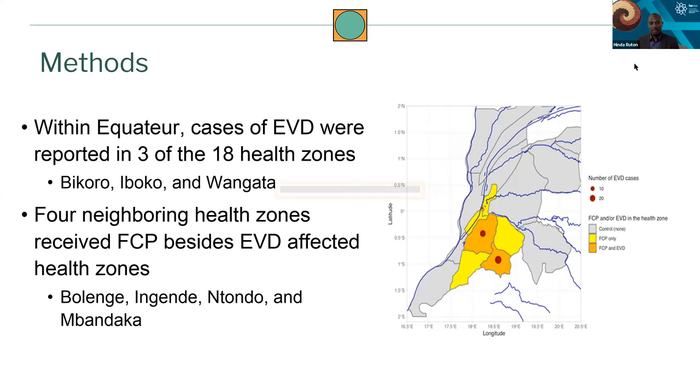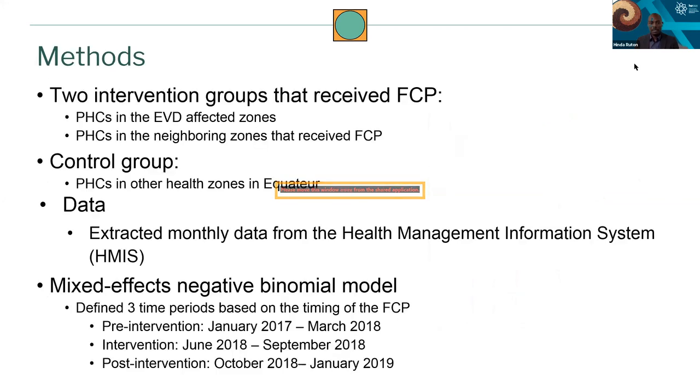This gives us 2 intervention groups: health zones where the Ebola cases were localized and where the policy was implemented, 4 health zones neighboring the health zone with Ebola cases where the policy was implemented, and 11 health zones that will serve as control.